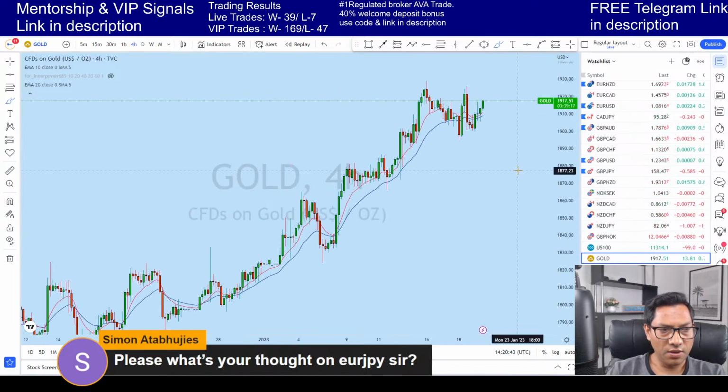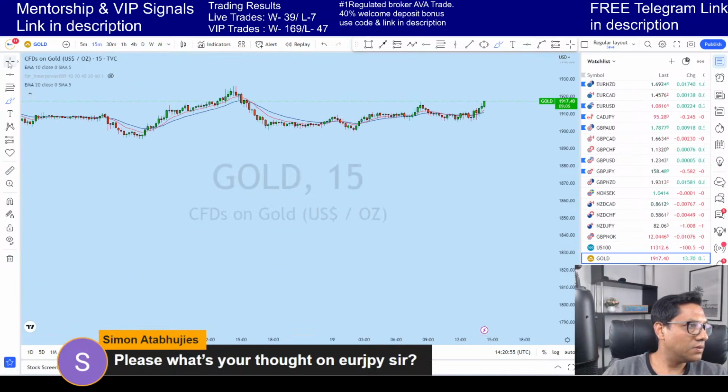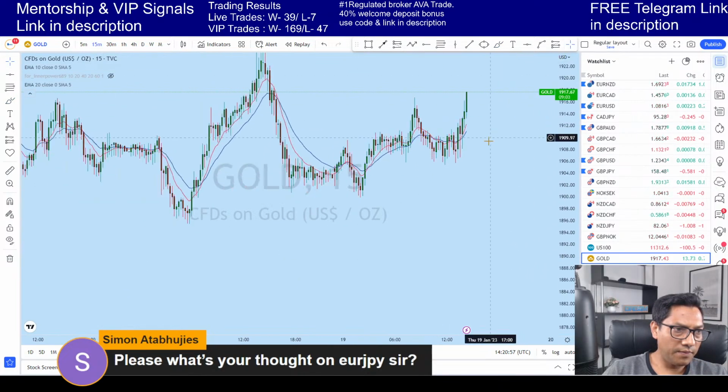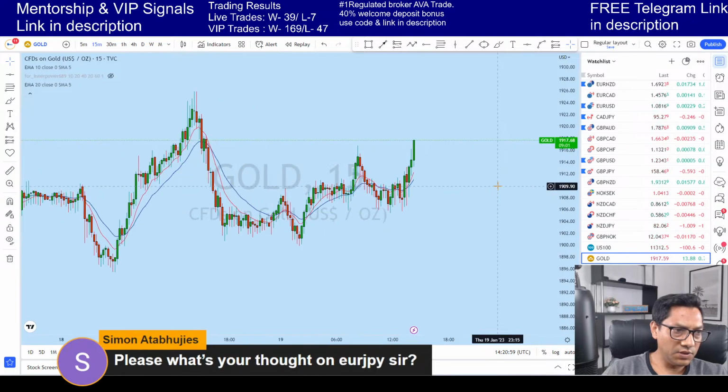Okay, I see that gold looks very good among all of them, so I'll be looking at a lower time frame, as I mentioned earlier.